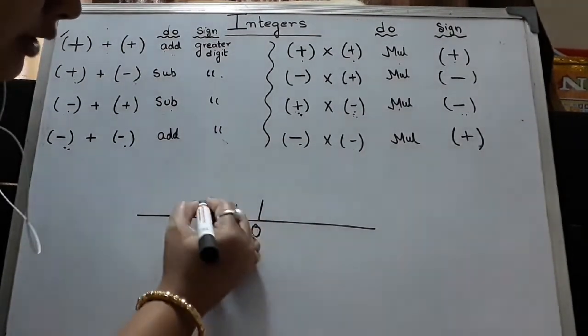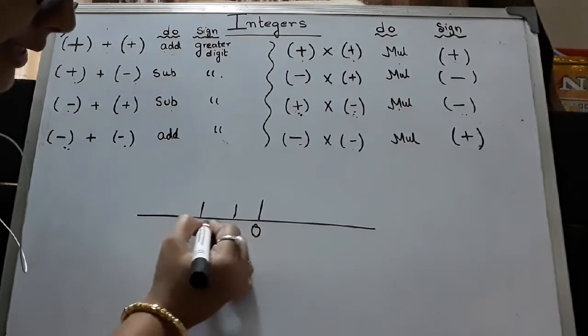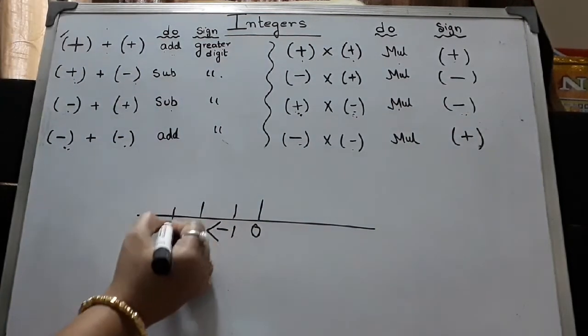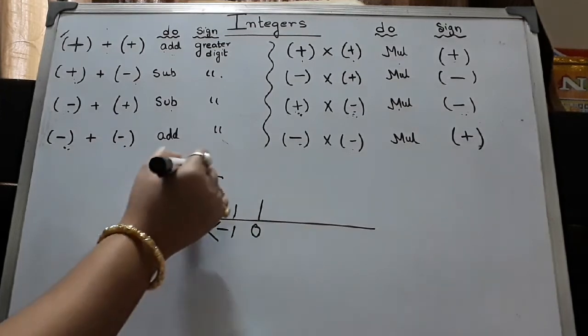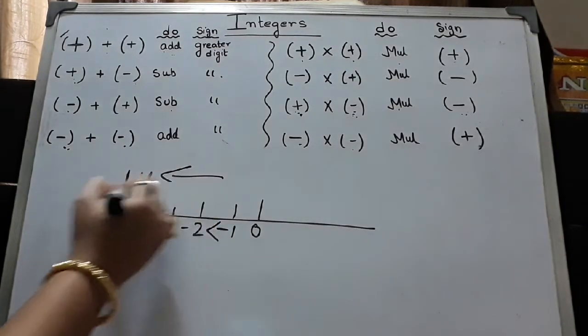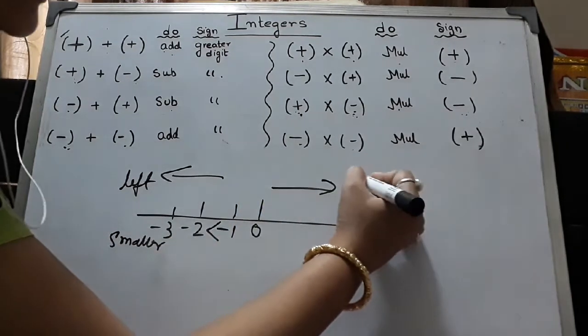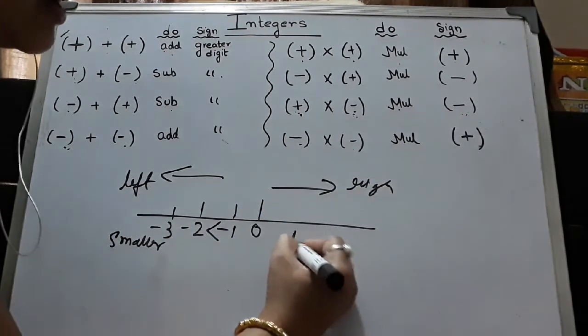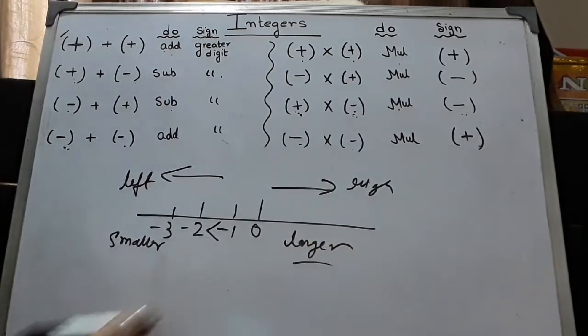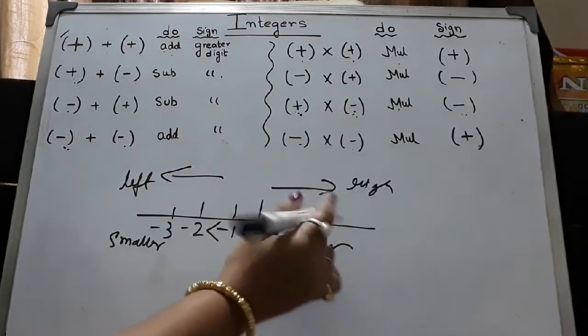One more thing you have to remember: how much you go to the left side, the numbers are smaller, and how much you go to the right side, the numbers are greater or larger, you can say.